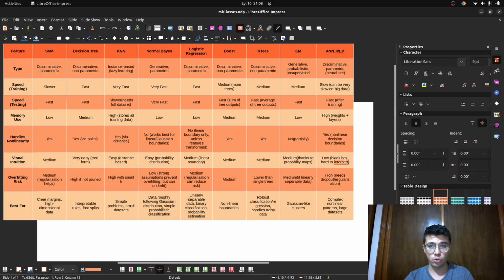And visual intuition and the overfitting risk, I set these two as low and high respectively, because I just assume you do not give a huge amount of data, in that case intuition is going to be low, and at the same time overfitting is going to be high.